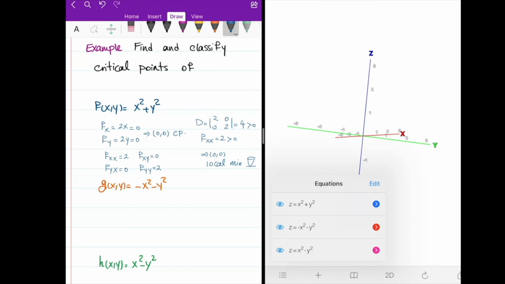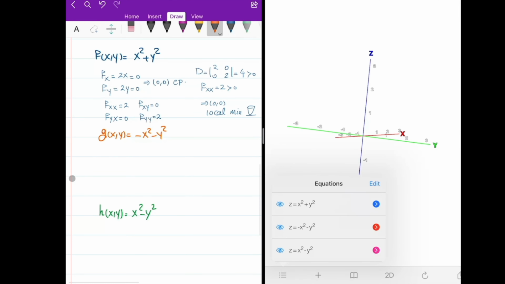Very good. Look at the second one. I have g of x, y equals negative x squared minus y squared. So gx is negative 2x, gy is negative 2y. I'm going to set both of them equal to 0, and then (0, 0) is the only point that satisfies both equations at the same time. gxx is negative 2, gxy is equal to 0, gyx is 0, gyy is negative 2.